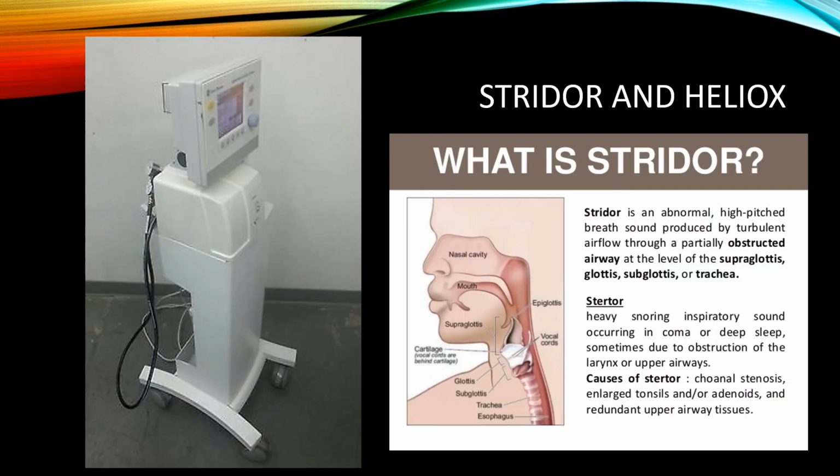So I mentioned earlier Heliox, and it's a mixture of 70% helium and 30% oxygen. Remember, that's substantially a third more oxygen than is normally in the atmosphere that we breathe. That's 80% and 20%. It has a lower density than air or oxygen, and basically it's used to improve airflow through constricted passages.